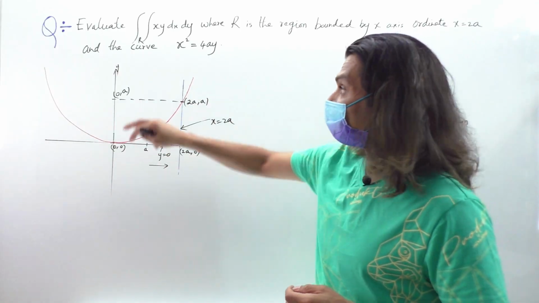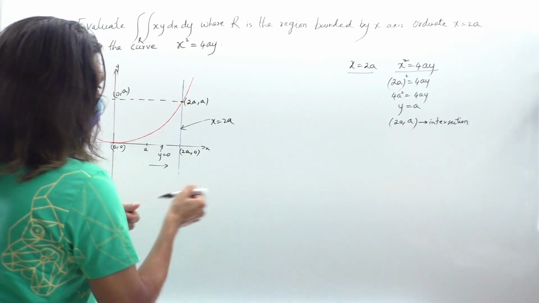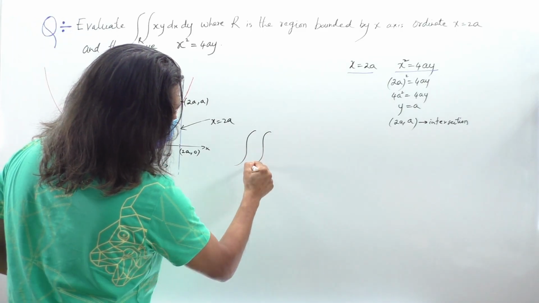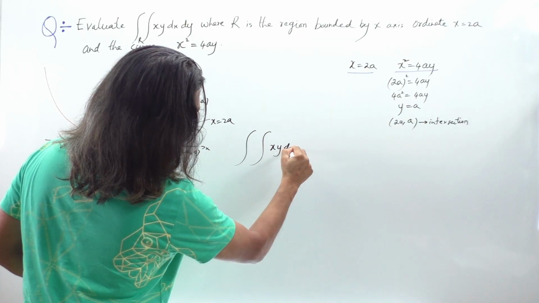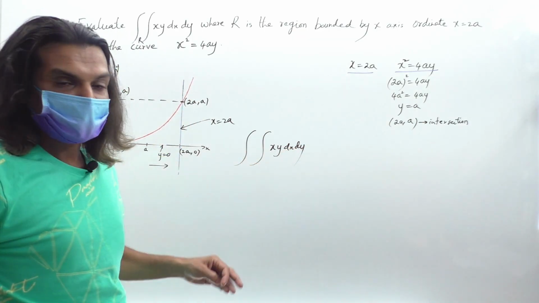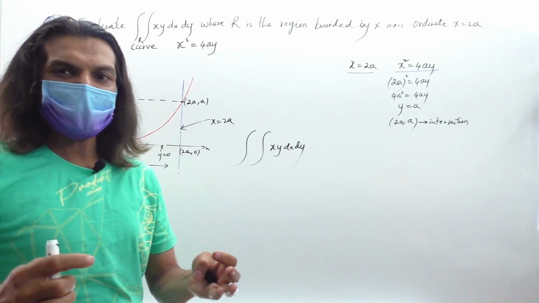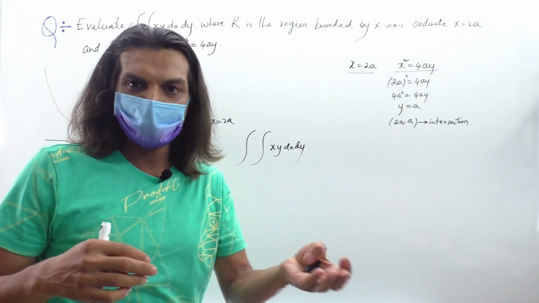Now from the graph you have to find the limits. They have given it as the double integration over the region of xy dx dy. Now to find the limits, one is x, the other is y. Since they have not specified anything, I'll start from x, it will be easy.